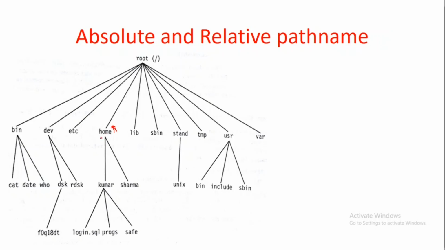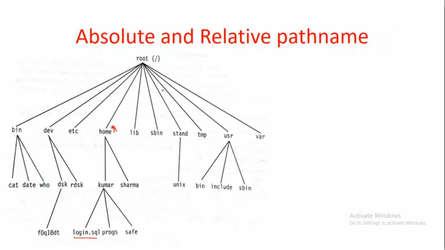Now the user wants to display the content of login.sql. So he has to give the path name to login.sql either by using an absolute path name or by using a relative path name. To display the content of the file login.sql, of course I need to make use of the command cat, and the path name to login.sql should be given as an argument to it.